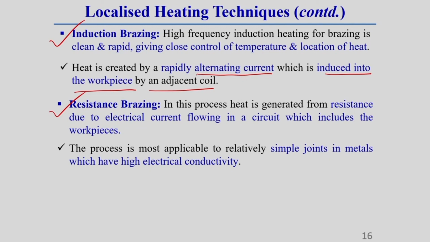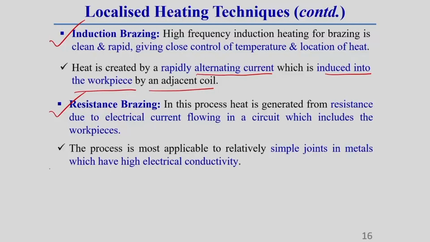Once the current flows through it, due to resistance heating, heat is generated in that location, and it melts the filler wire and does the brazing operation. This resistance process is most applicable to relatively simple types of joints in metals which have high electrical conductivity.